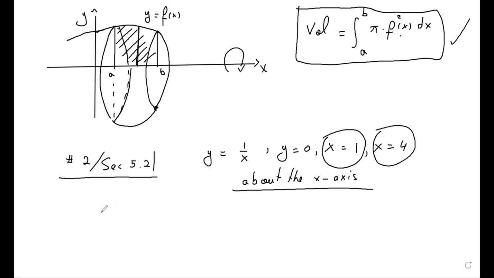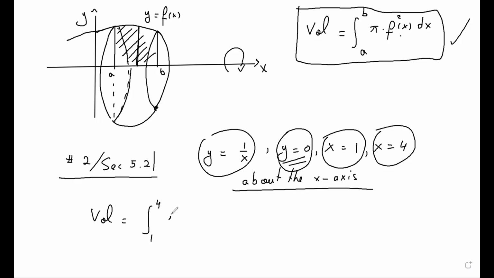So I can just say simply here, volume equals integral from 1 to 4. The curve that's on top is this one here. The curve at the bottom is this one here. Because this is the x-axis, by the way, y equals 0, right? So when you go with displacement 0 in the y direction, that means you're not going away from the x-axis.